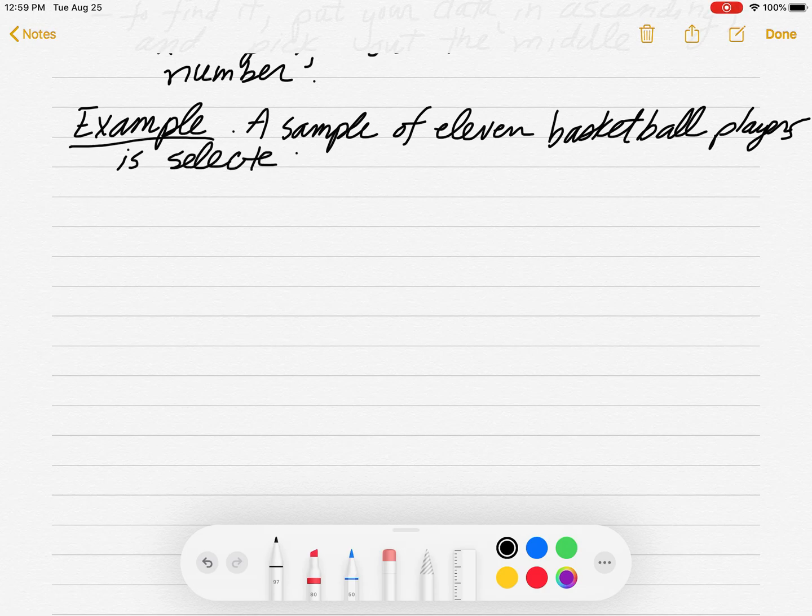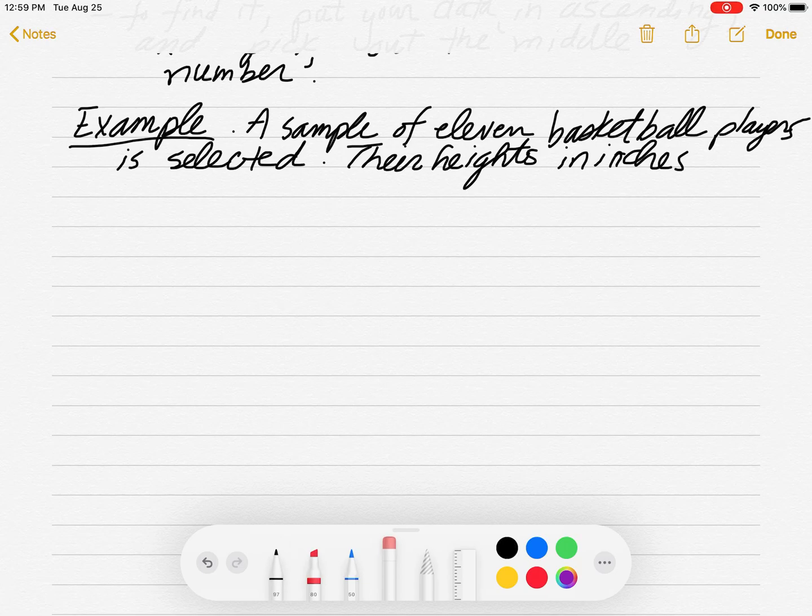Okay, so we take 11 basketball players. Their heights in inches are listed below.